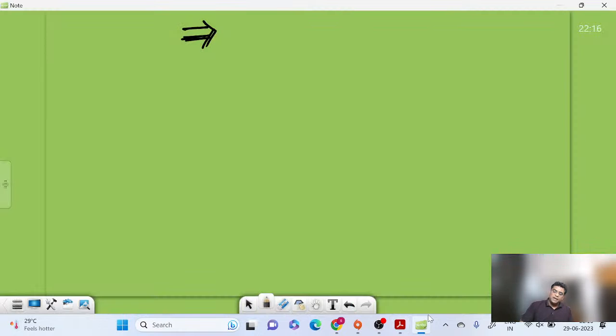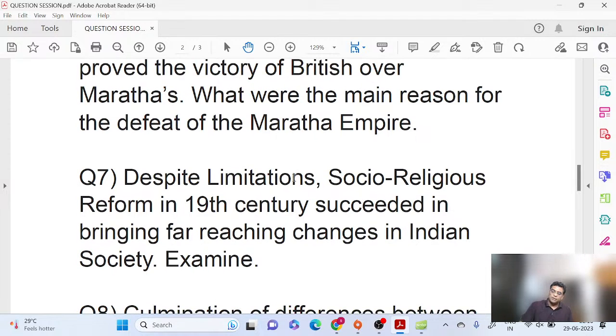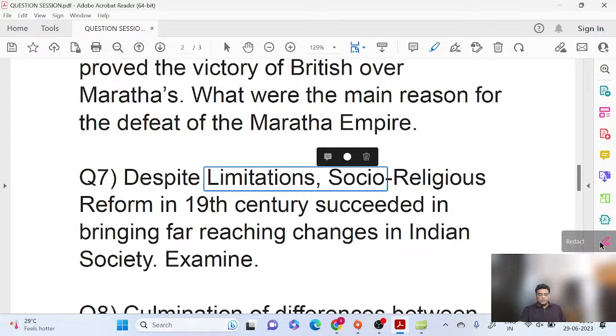The 19th century Renaissance. Look at the question, despite limitations. So socio-religious reform movement in 19th century succeeded in bringing far-reaching changes in India.